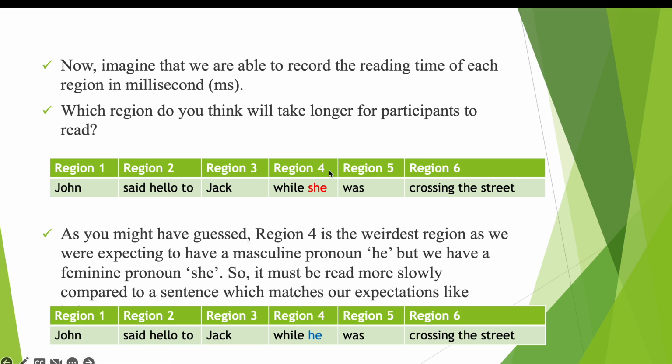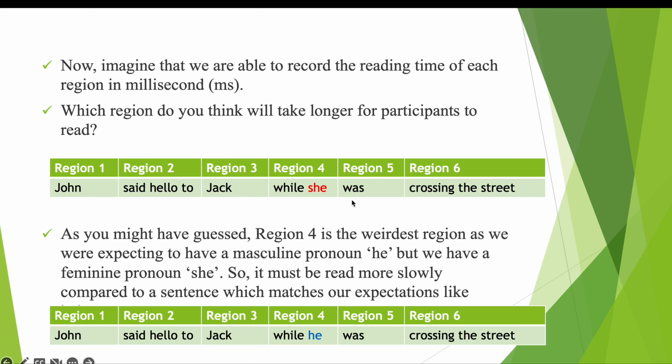So that's why this region might take longer compared to the normal sentence. John said hello to Jack while he was crossing the street, because in this sentence the pronoun matches the gender of the antecedents, but in region 4 it seems that there is a kind of mismatch.